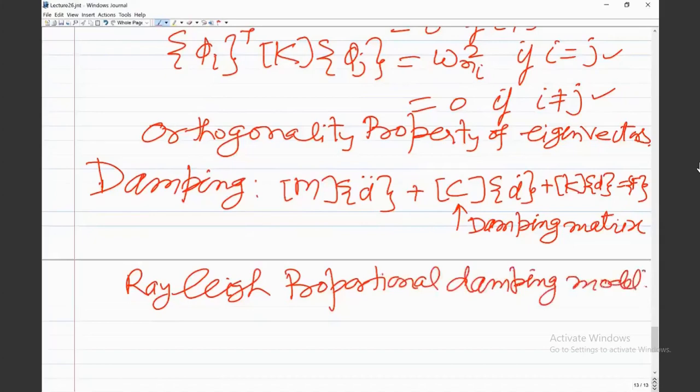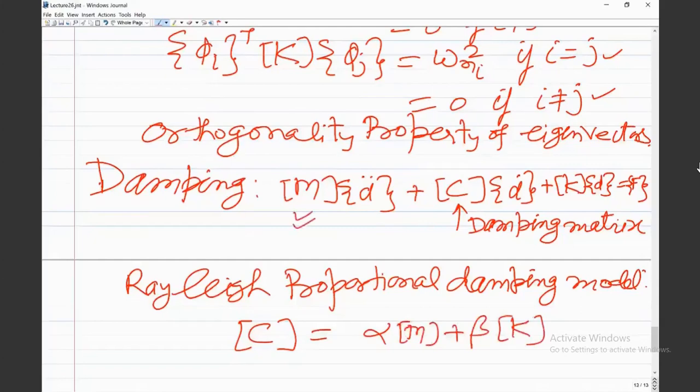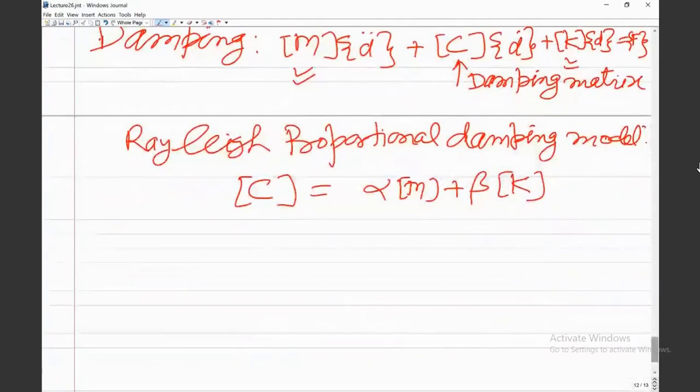In this model, the damping matrix C is equal to alpha M plus beta K, where alpha is a scalar constant. M and K are the mass matrix and stiffness matrix that you get from your element assembly and imposition of boundary conditions. Whatever M and K are there, you use here and get C equal to alpha M plus beta K.